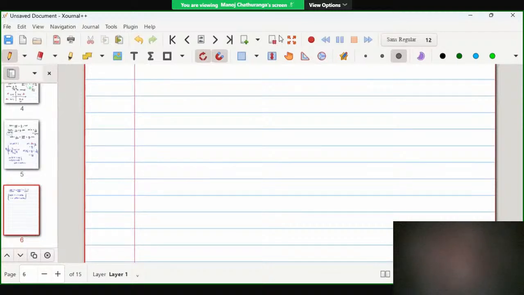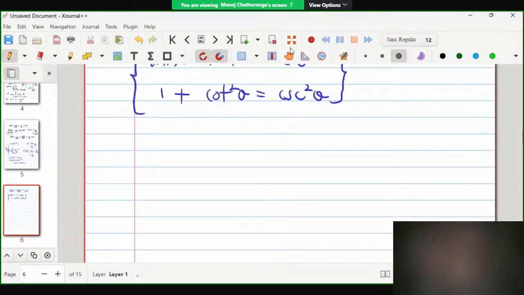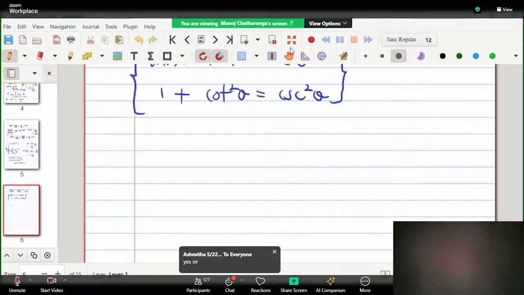Do you have any questions about trig function values or trigonometric functions in general? Anything? Is everything clear so far? Do not hesitate to ask questions. Type it in the chat or turn on your mic and ask.